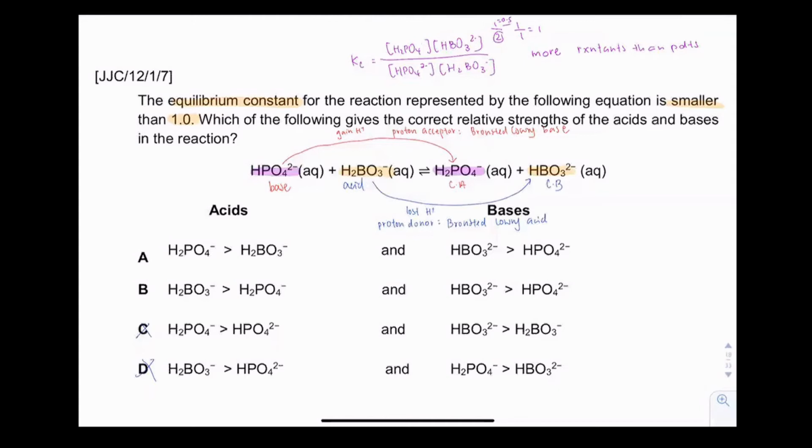So therefore, if the Kc is smaller than 1, it means that there's more reactants than products. Okay, so if there's more reactants than products, that means that the POE of this reaction, point of equilibrium, lies more to the left.